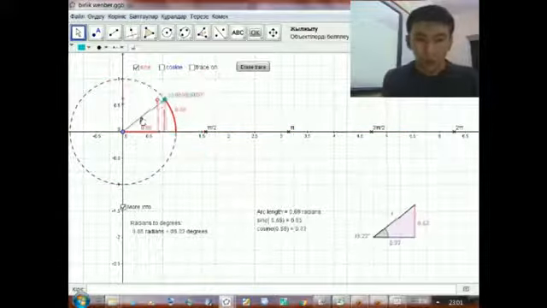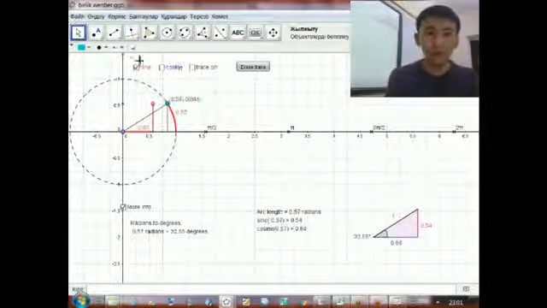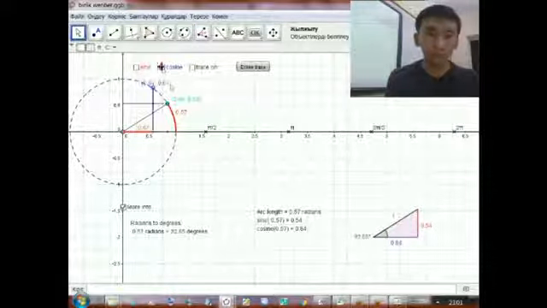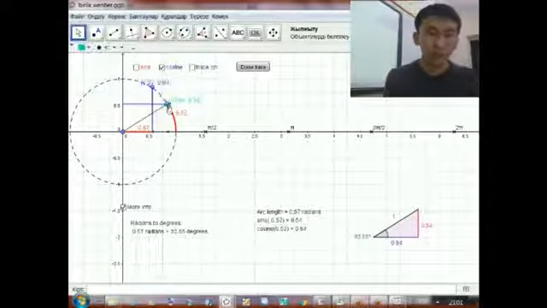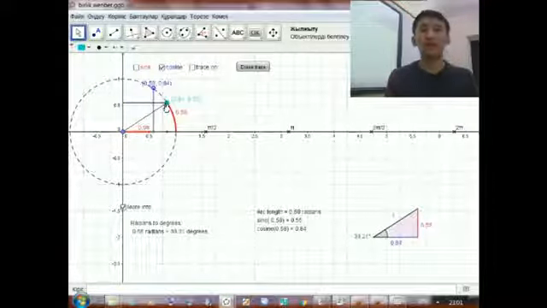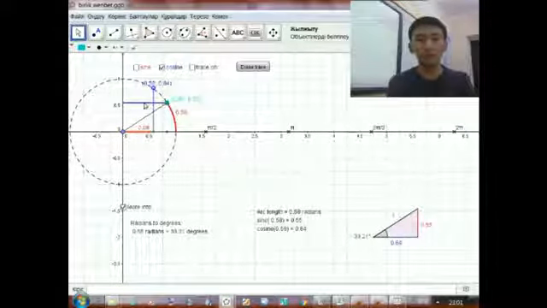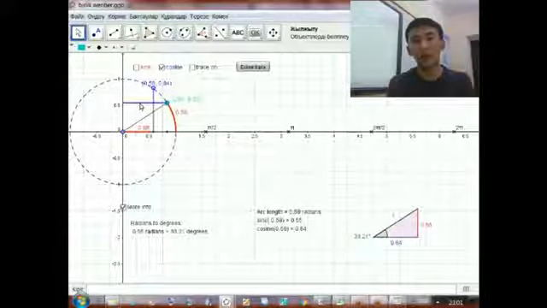Now let's also review cosine on the unit circle. To find the value of the cosine, we will look at the length of this line segment. Why?